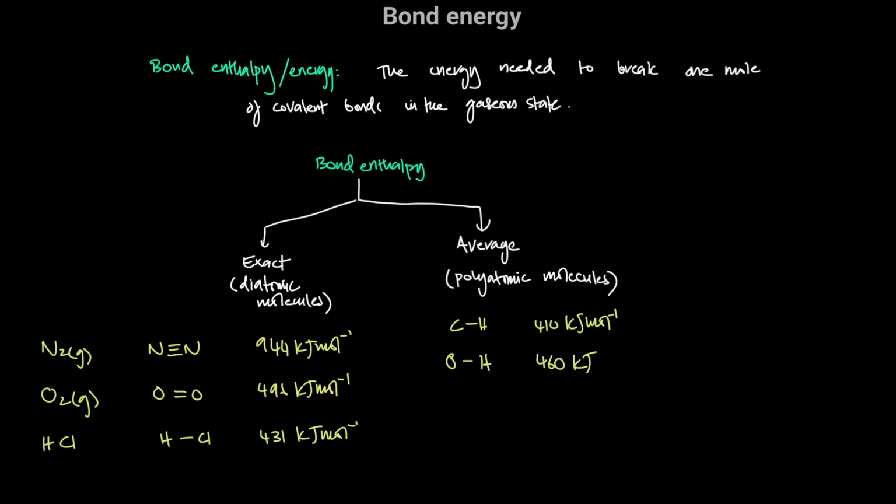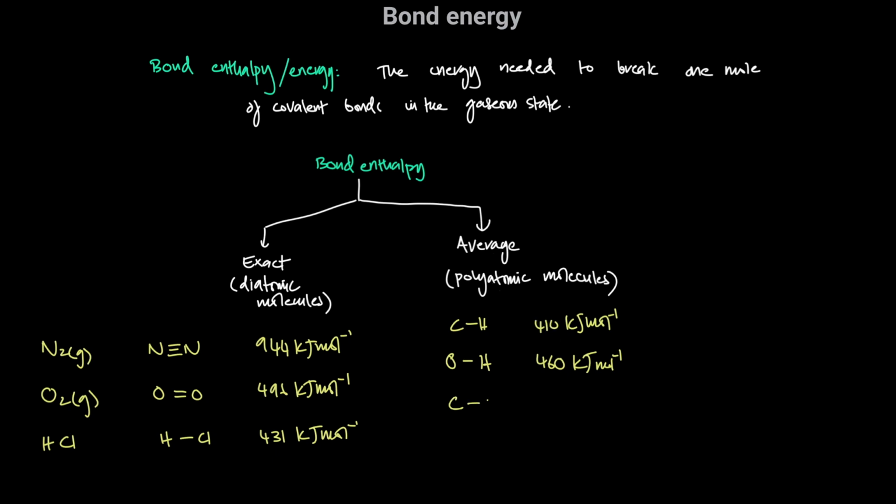Again, this value doesn't specifically apply to any one particular molecule. It may be different from the actual bond energy for a given molecule. This is just the average bond energy of a certain number of molecules that we have chosen.